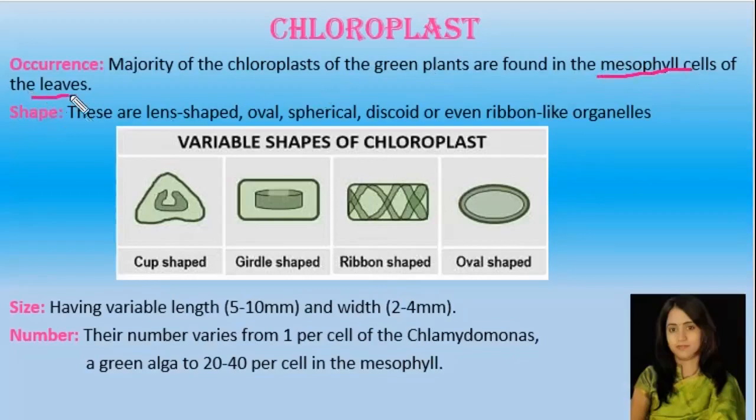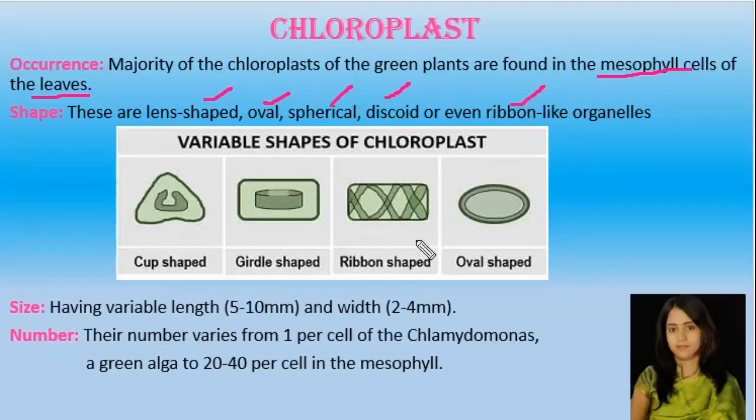And again the size and shape of the chloroplasts varies. In algae, variable shapes of chloroplasts have been observed. They may be lens shaped, oval shaped. Here you can see an oval shaped chloroplast, then spherical, discoid, that is disc like, or ribbon like.